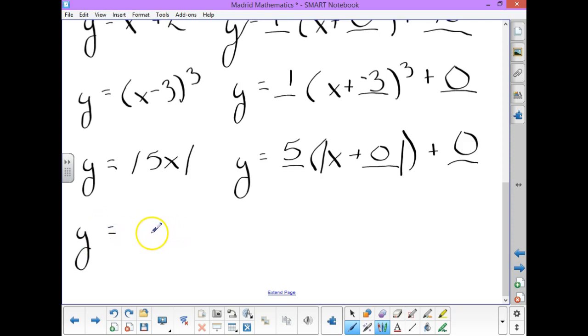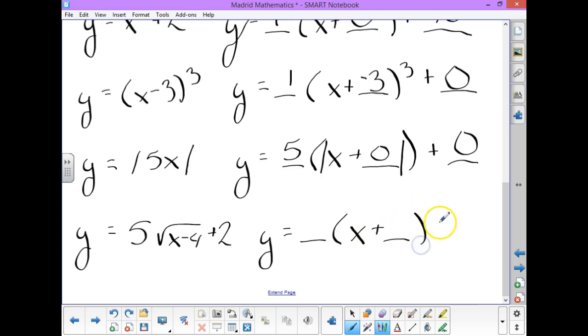And lastly, let's take a look at a square root. We're going to have 5 times the square root of x minus 4, plus 2. Let's set up the skeleton: plus something, plus something.